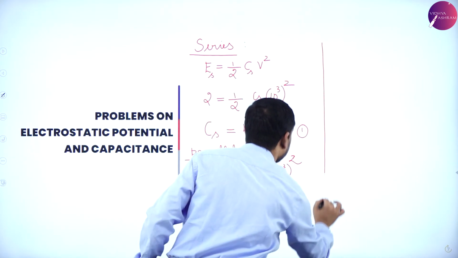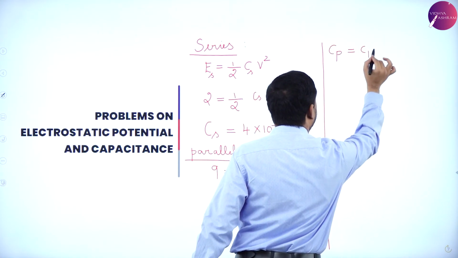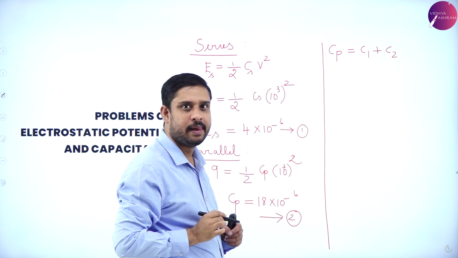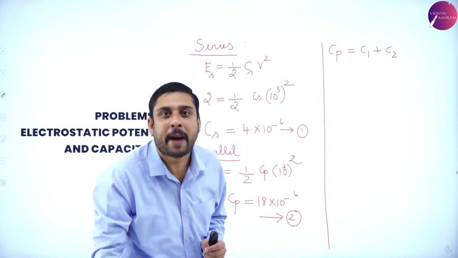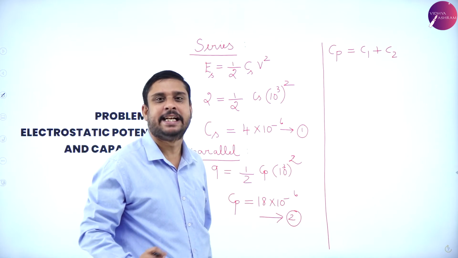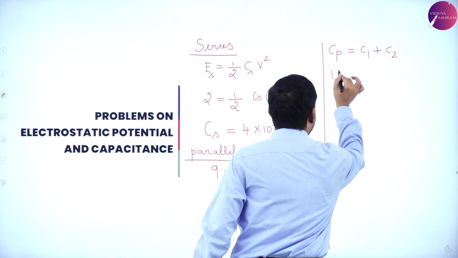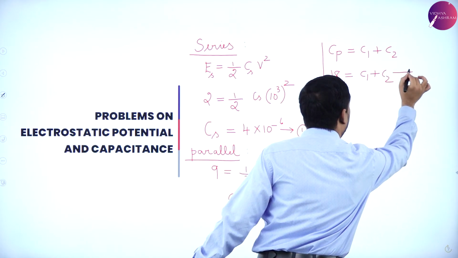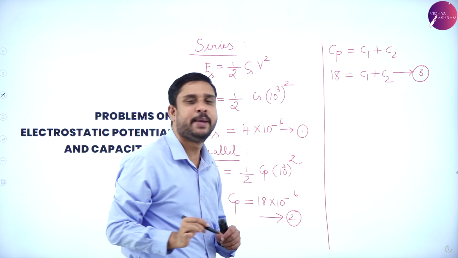Now, I know Cp is C1 plus C2 when two capacitors are connected in parallel. But how much is Cp? 18 microfarad. So 18 is C1 plus C2. Call this equation 3, just substituting for Cp.